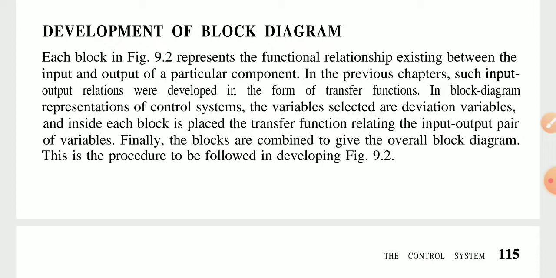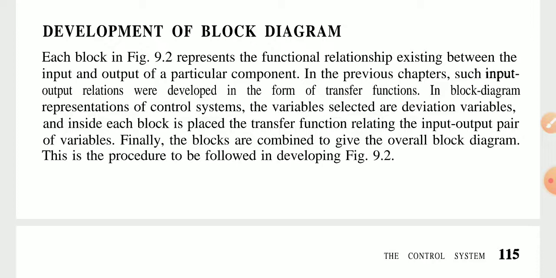Okay, in figure 9.2 we saw the functional relationship existing between the input and output of a particular component. In the previous chapter, such input-output relationships are given as transfer functions in a block diagram representation of the control system.